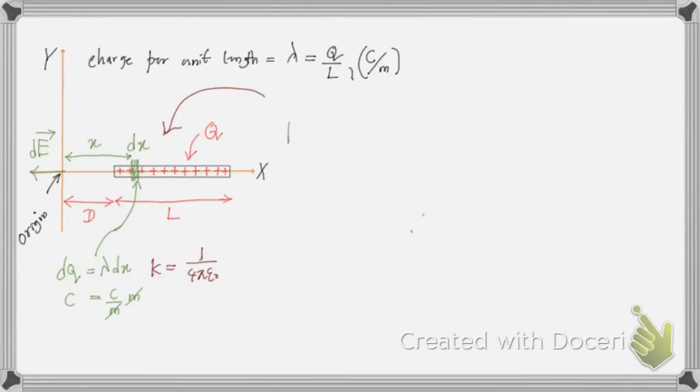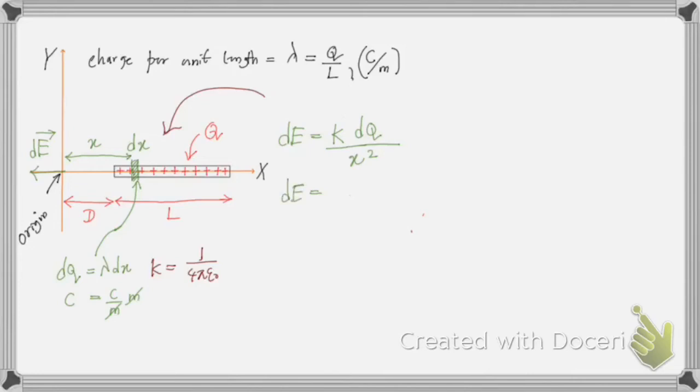And we can write dE equals k, electric constant, the amount of charge on that segment dq, divided by separation x squared. Actually it's simply lowercase x squared. And what is dq? We have dq, which is lambda dx.